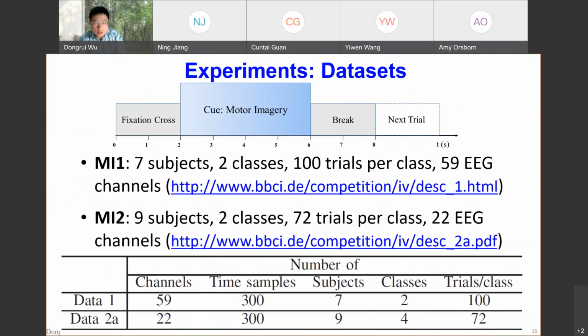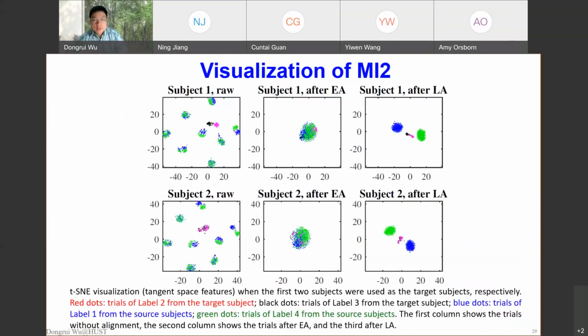We also performed experiments to verify the effectiveness of label alignment. Here we used the two motor imagery data sets used before in the EA experiment. First, again, we used t-SNE to visualize the effect of LA. In the first row, we select subject 1 as the target subject, and then use subjects 2 to 9 as the source subjects.